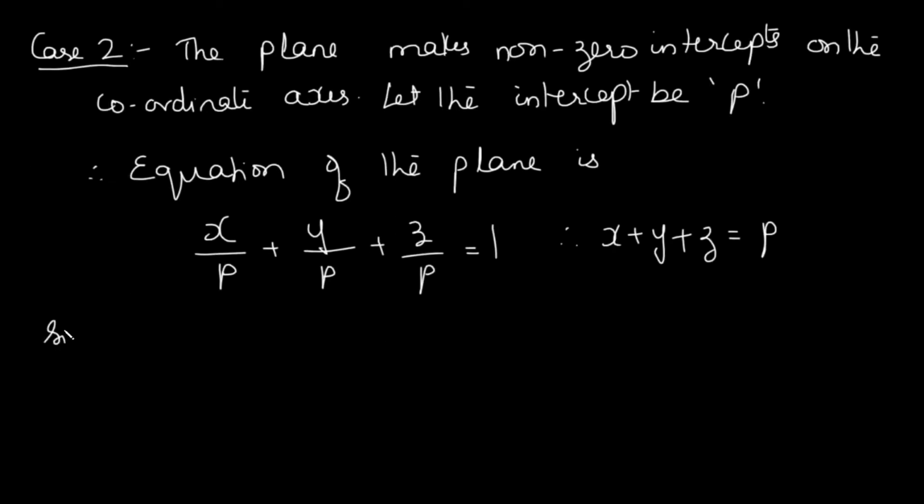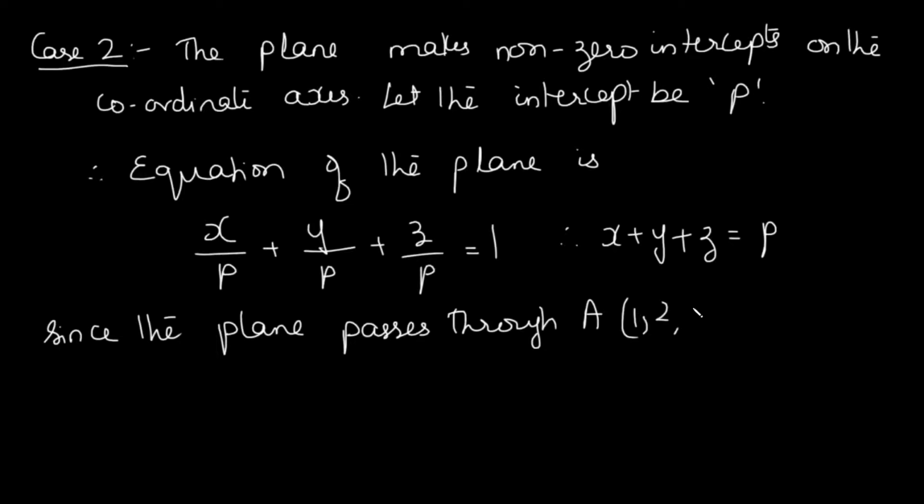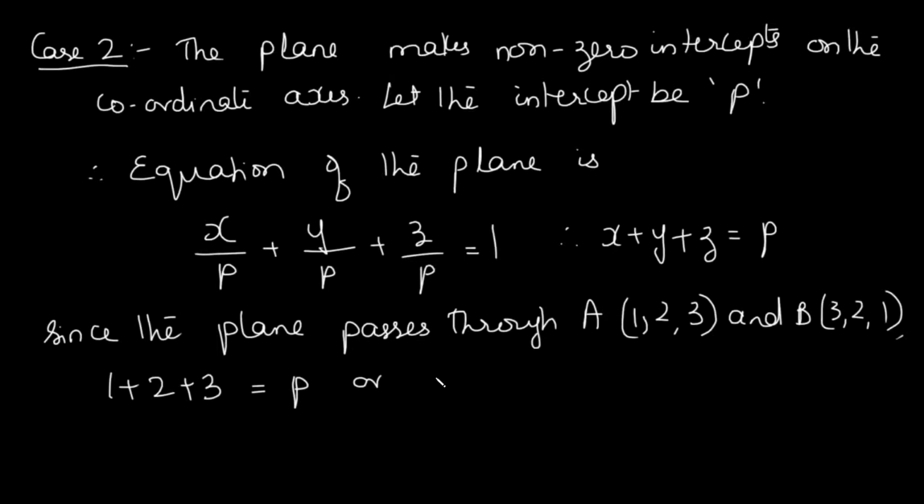Since the plane passes through A, that is 1, 2, 3, and B, that is 3, 2, 1, putting x as 1, y as 2, z as 3, we get 1 plus 2 plus 3 is equal to p, or putting x as 3, y as 2 and z as 1, we get 3 plus 2 plus 1 is equal to p.